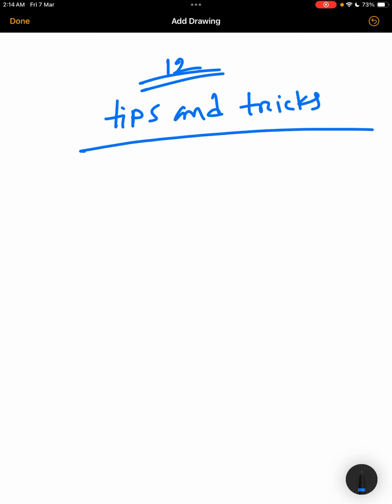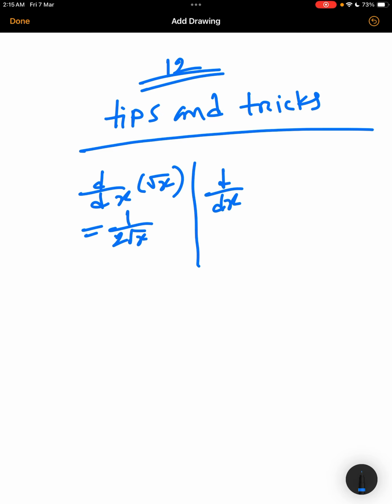Okay, first things first, differentiation. Suppose d/dx of the square root of x. Just remember this: 1 over 2 root x. Done. If you manually solve this, it will take a bit of time, I guess.